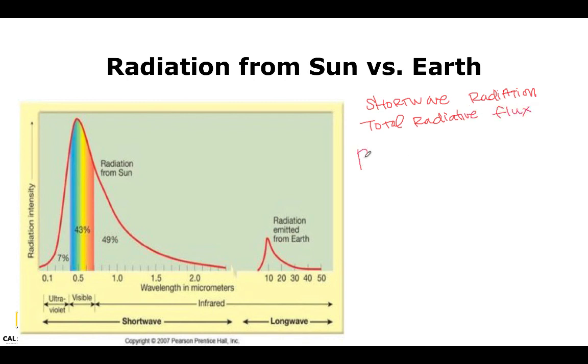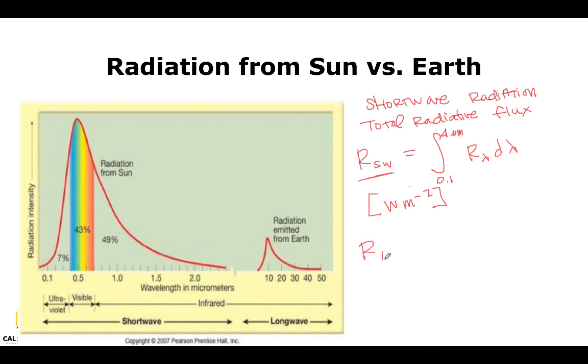For the short wave, it's going to be the integration from 0.1 to 4 micrometers of the radiative energy R sub lambda multiplied by d lambda. This gives us watts per meter squared, so energy per area. That is our total radiative flux for the shortwave spectrum.